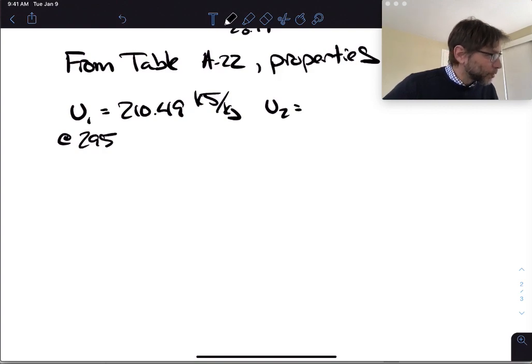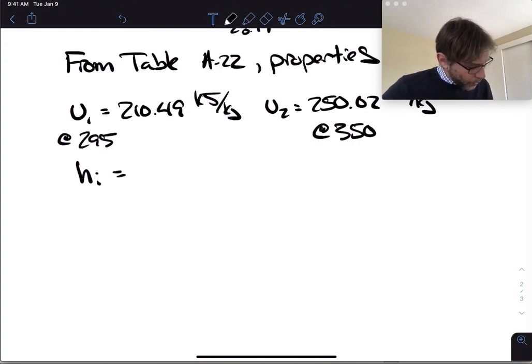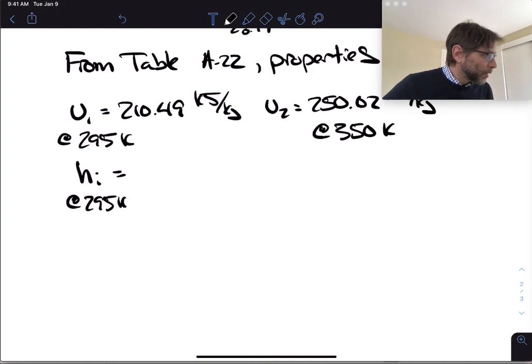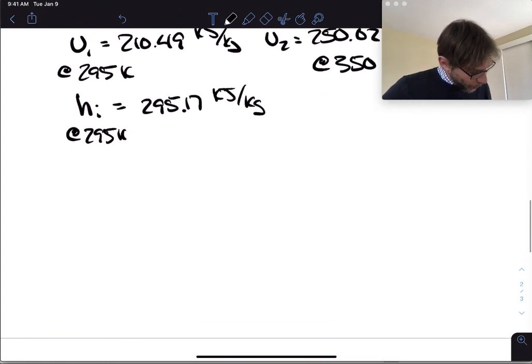U2 equals 250.02 kilojoules per kilogram, and this is at 350. And then HI is equal to H at 295, which is 295.17 kilojoules per kilogram.